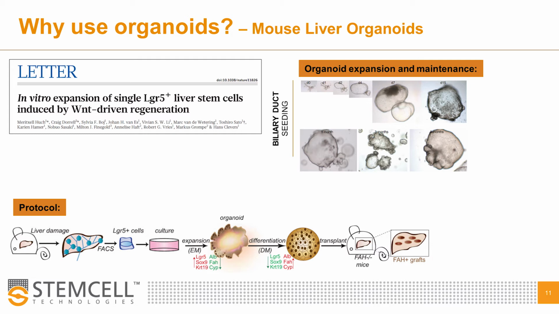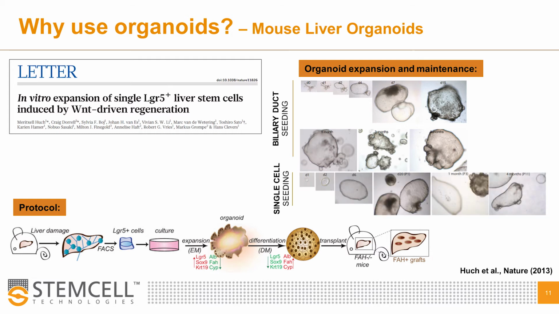But upon introduction of a differentiation medium, the stem and progenitor markers were downregulated while mature liver markers were upregulated. These differentiated organoids were transplanted into mutant mice suffering from acute liver failure, and organoids engrafted into the tissue partially rescued the mutant phenotype. This publication showed that organoids can emerge from both whole biliary ducts and also from single cells isolated from mouse livers.